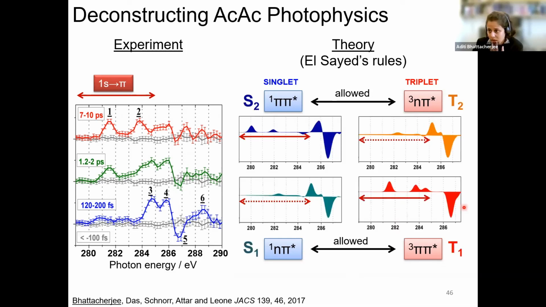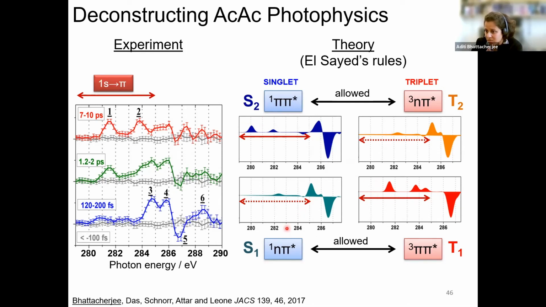Looking at just the pi star region of the spectra for the S2 and the T1, because this is pi star and this is probing the carbon K-edge transitions, there is a reasonable amount of activity in the 1s to pi star resonances here.